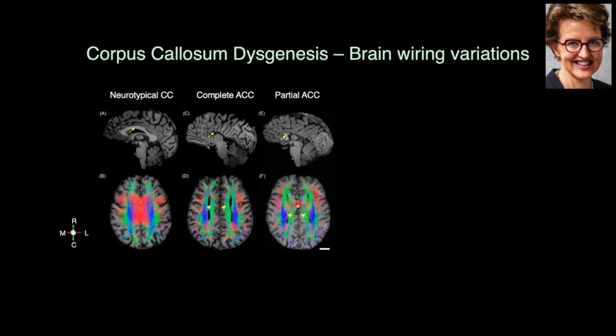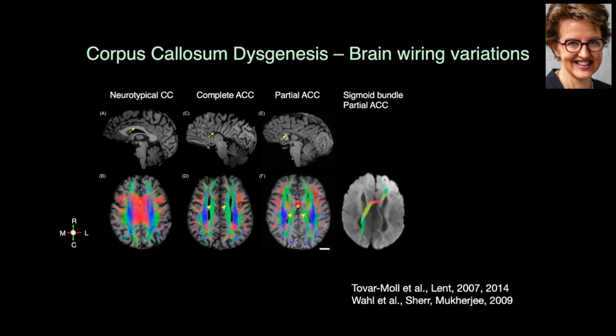So everything from, this is the control here, to complete agenesis of the corpus callosum, which you can see here, and to partial agenesis of the corpus callosum, where just a few fibers are crossing the midline. So this, of course, is a horizontal view of tractography from these MRI scans, from diffusion scans that we've done.